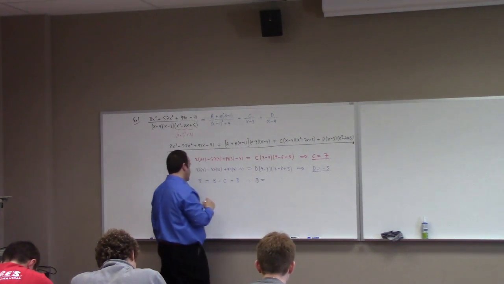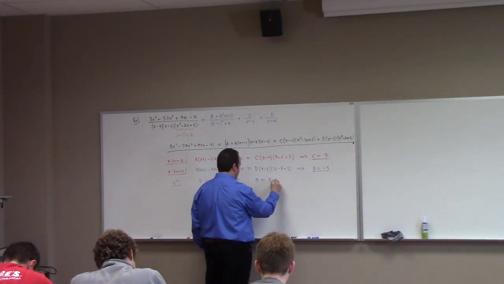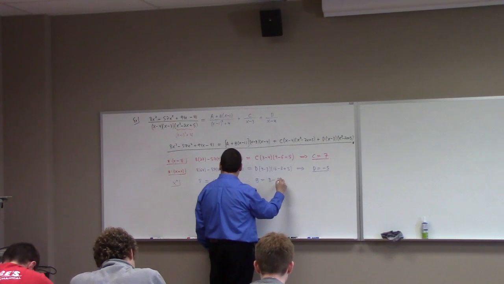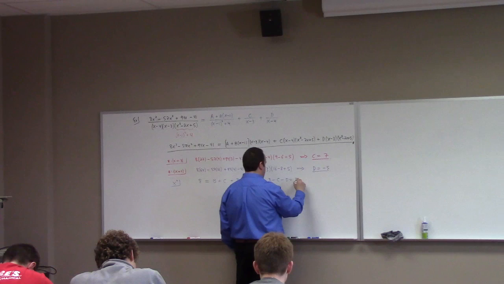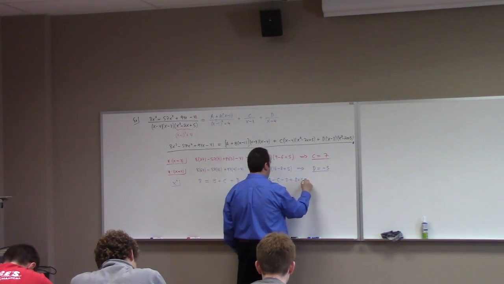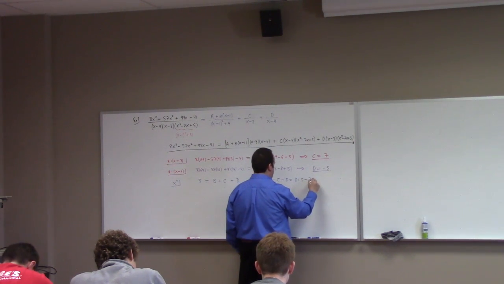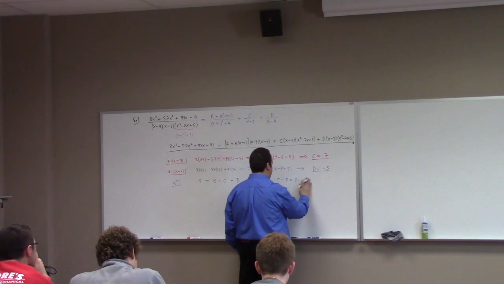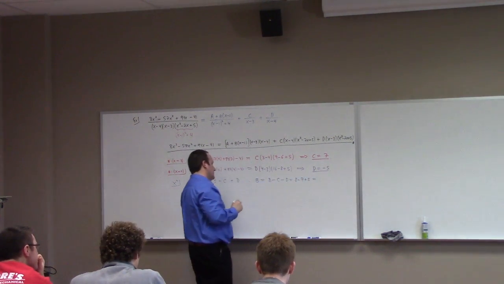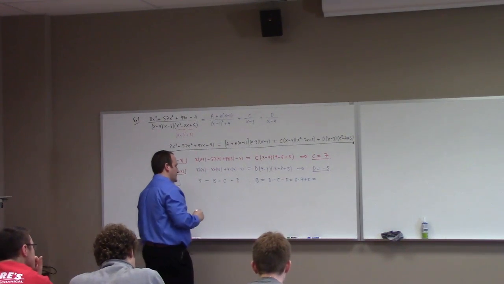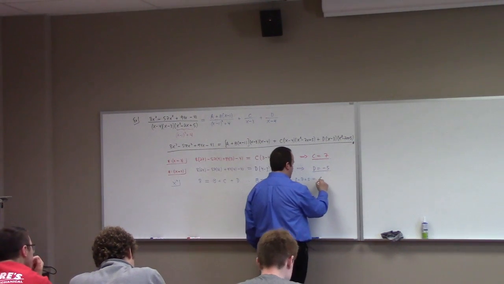B is equal to 8 minus C minus D, right? Which is what? 8 plus 5 minus 7. Other way around, sorry. Minus 7 plus 5, which is what? 6. B is equal to 6.